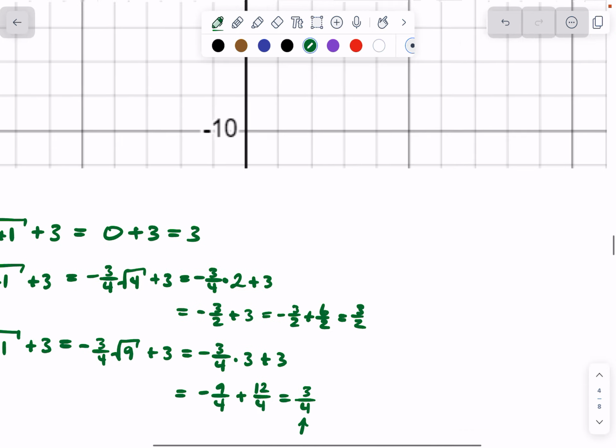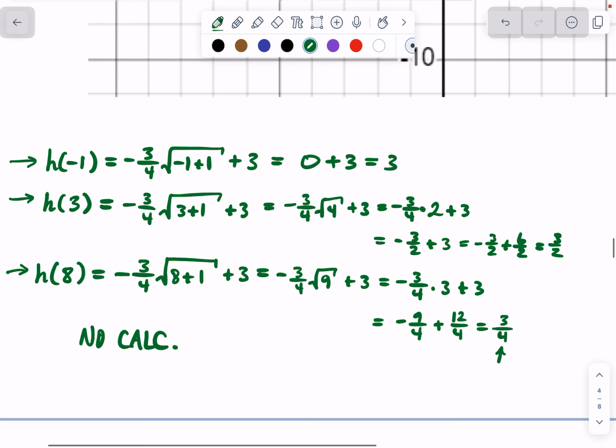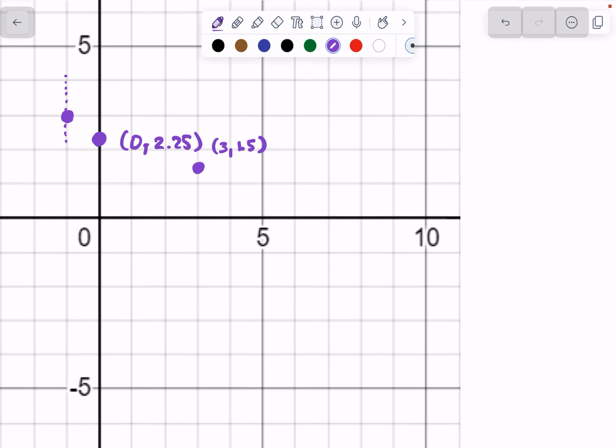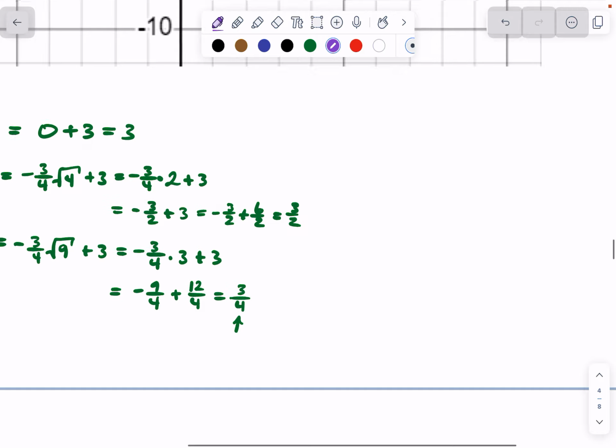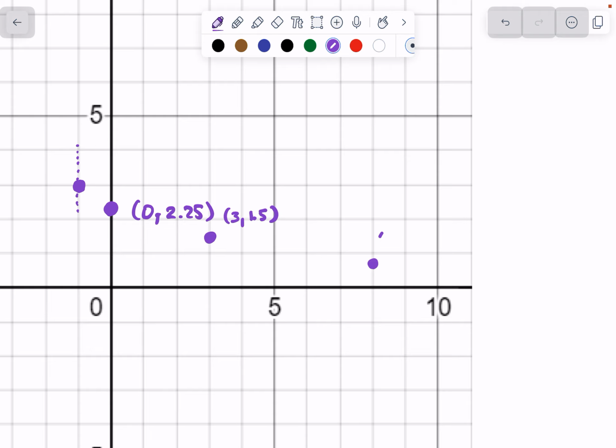This is just one of the harder examples. I wanted to do a hard example just to show you all this makes sense. It's logical. You can be confident about it. So 8, 3/4, which is 0.75. So that's going to be, boom, (8, 0.75).